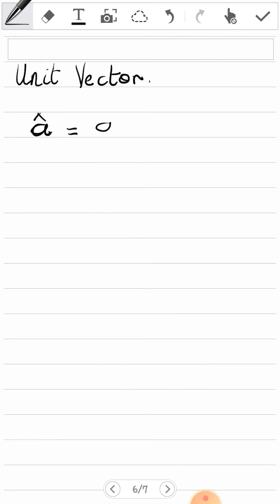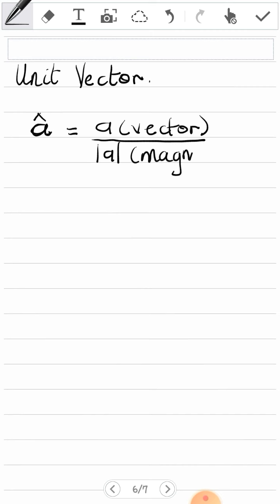So A cup is the same as A, which is the vector, over the magnitude. Alright, so this is the whole concept about unit vector. It looks quite cumbersome, but with further breakdown you will get it better.